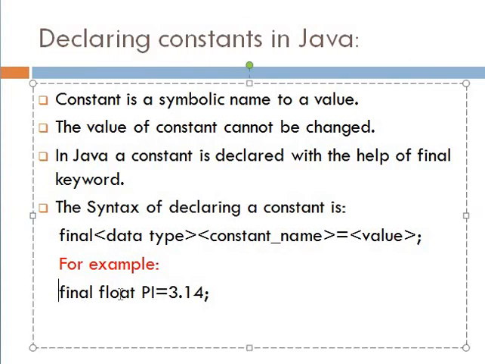But when we look at this statement, the pi has been preceded by the keyword final, so here the pi becomes a constant, not a variable, and the values assigned to constants cannot be changed later on. This value is fixed for the constant called pi.